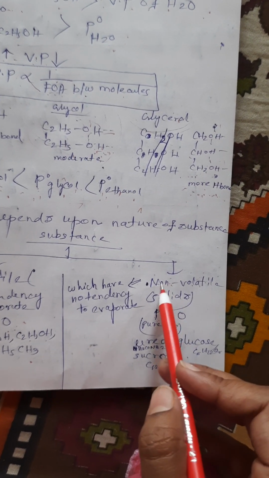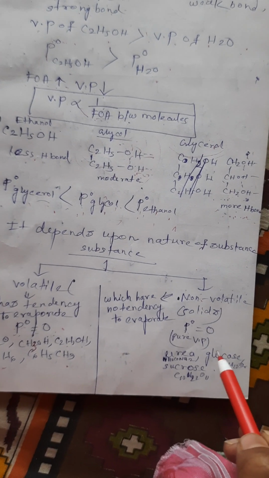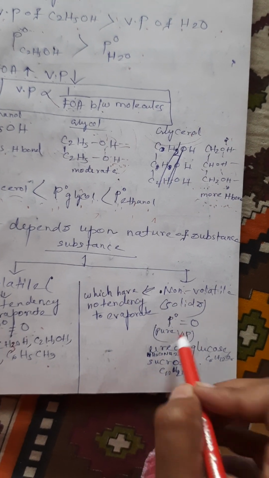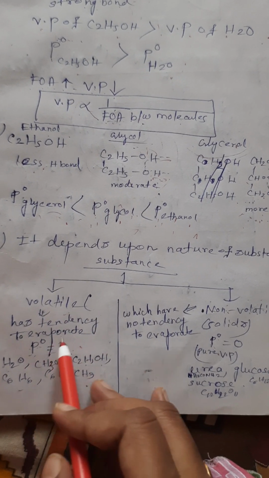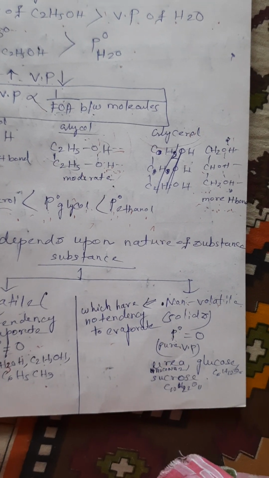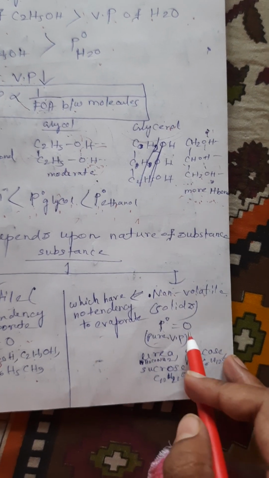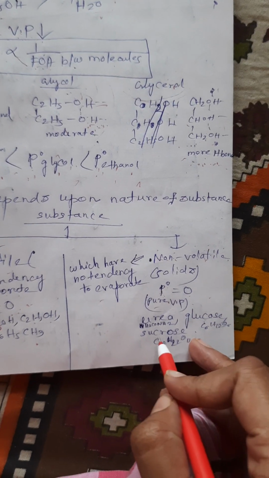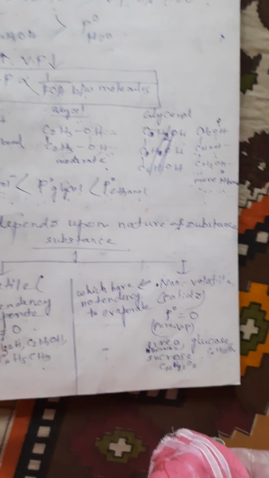A volatile substance has a common tendency to evaporate, but a non-volatile substance has no tendency to evaporate. So the pure vapor pressure of solids will always be 0. Examples are urea, glucose, sucrose. This is all about the nature of the substance.